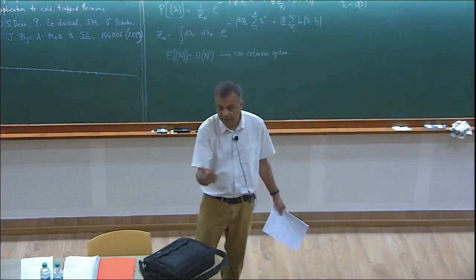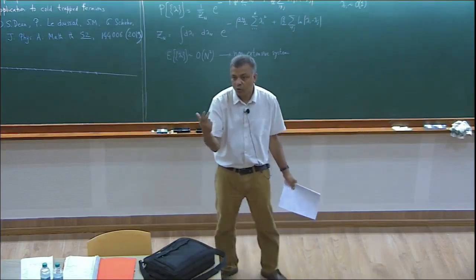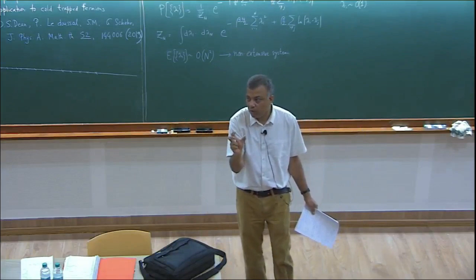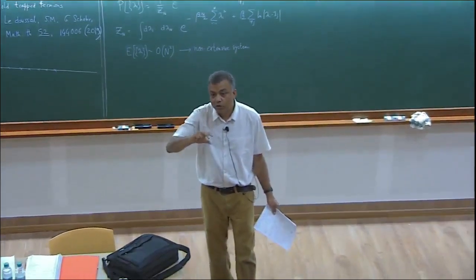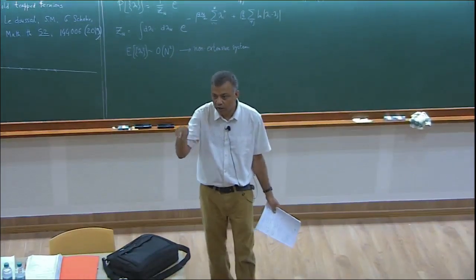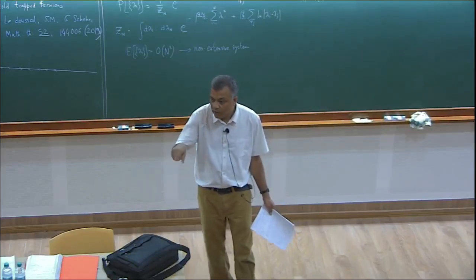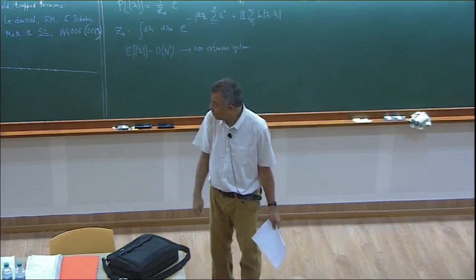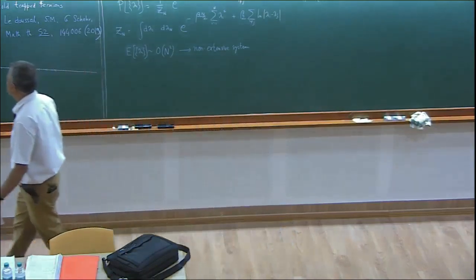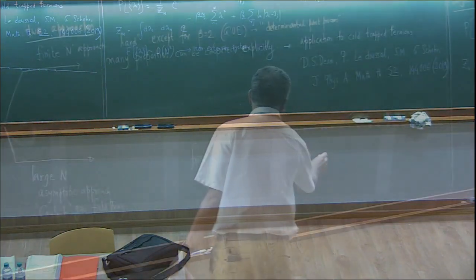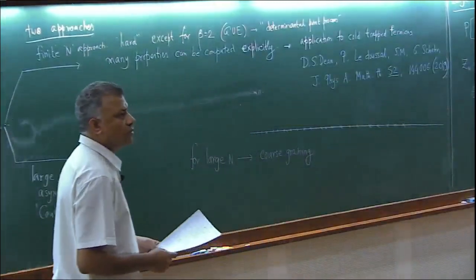When you say density, what we mean is that you coarse grain the system. Locally, you just count how many molecules are there in a small volume, and you call it local density. So for large n, you do a coarse graining in the system.